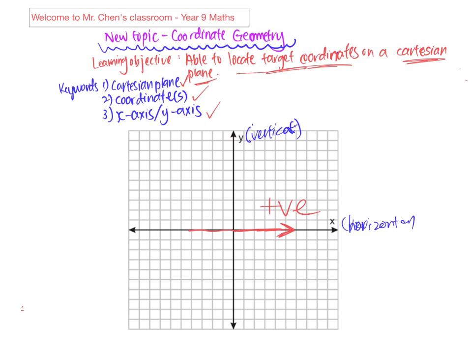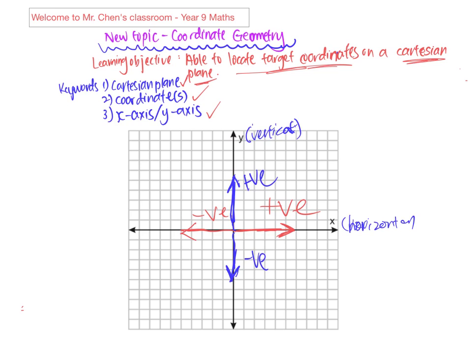Anything going to the left is negative numbers. For the y-axis, anything going up is positive, and anything going down is negative. Have you got that?